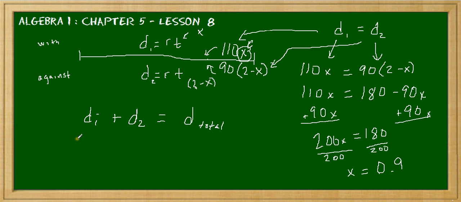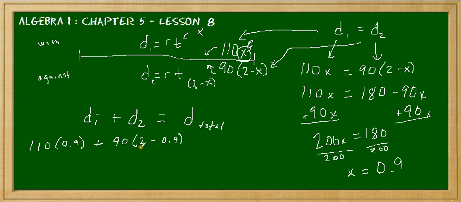Now what's d1? Well, d1 is, let's see, 110 times 0.9, and then plus 90 times 2 minus 0.9, right? So these are the d1 and the d2, distance 1, distance 2, and we're able to plug in now that 0.9 as the x value.